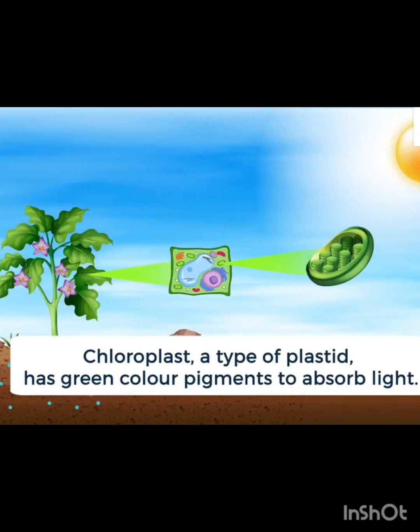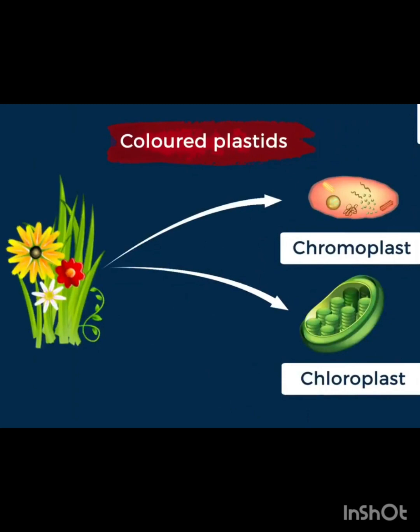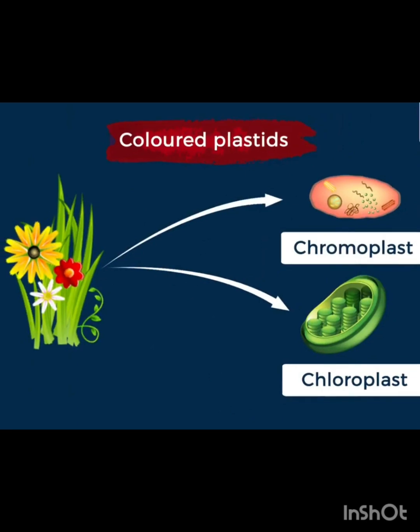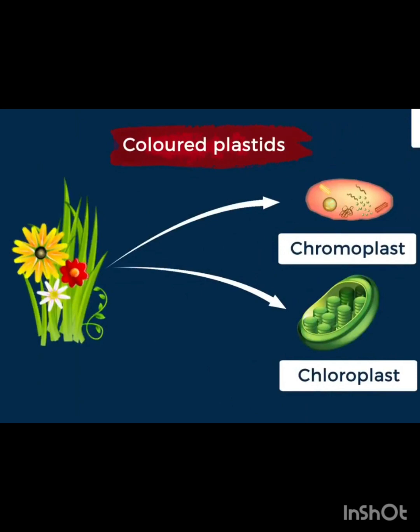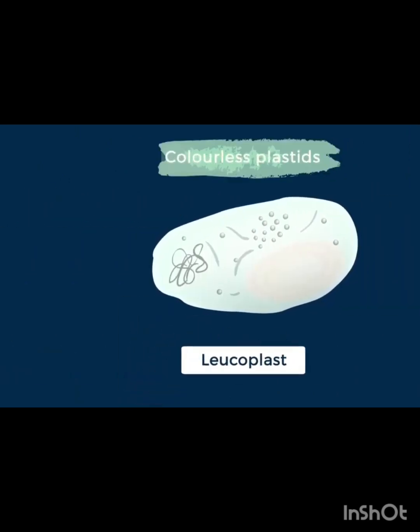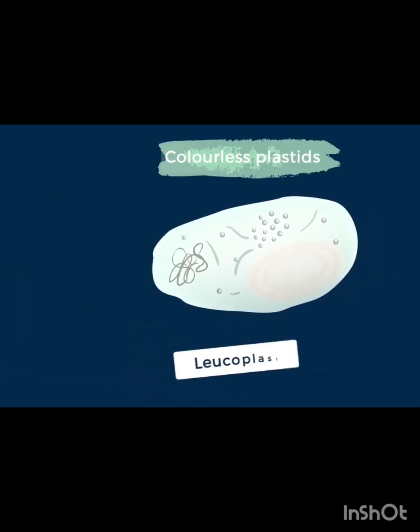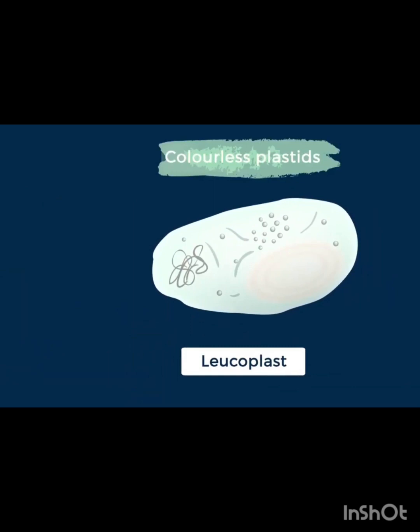It gives green color to the plants. Next one is chromoplast. They are colored pigments and give color to flowers and fruits. Then comes leucoplast. They are colorless plastids and store starch, protein, and fats for plants.